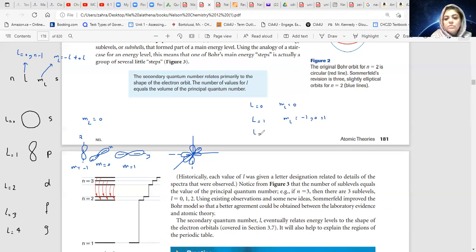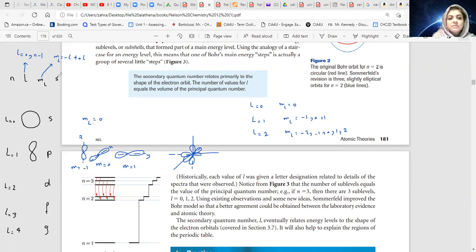If l is equal to 2, m_l is -2, -1, 0, 1, and 2, and so on. Again, n is energy level, l is shape of the orbital, m_l is orientation.